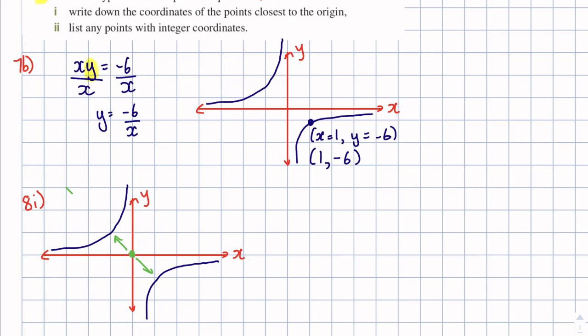And those points are the ones on the line y equals minus x, because y equals positive x goes up. So it's y equals minus x.